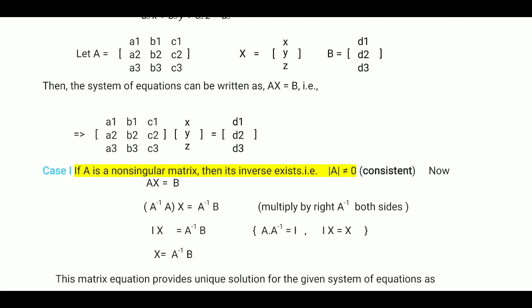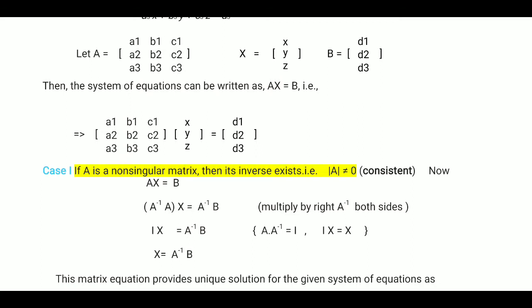Now there are a few conditions for consistency and inconsistency of the system. Consistency means the system has a solution, and inconsistency means the system has no solution. Now I am taking case first.